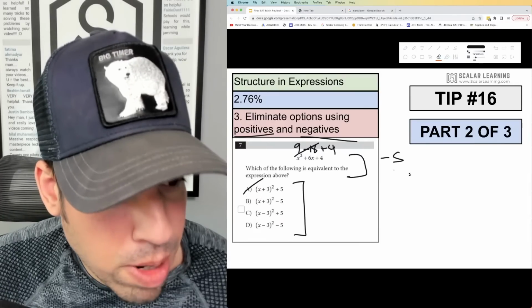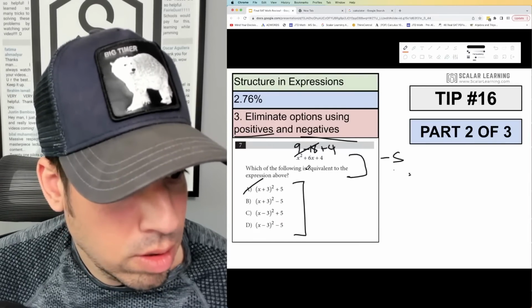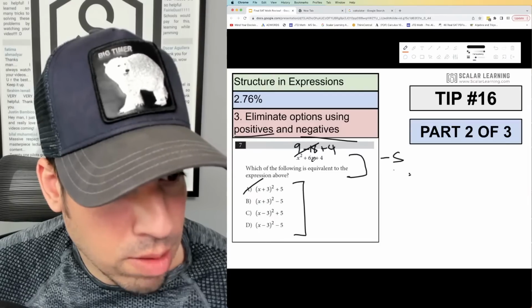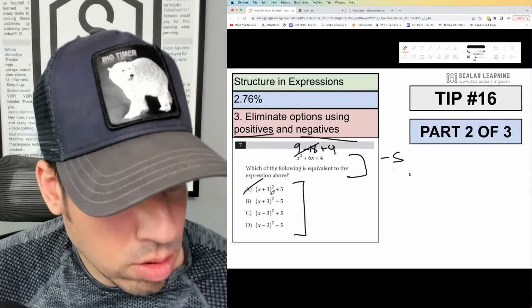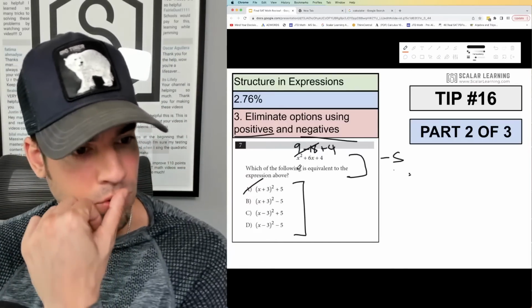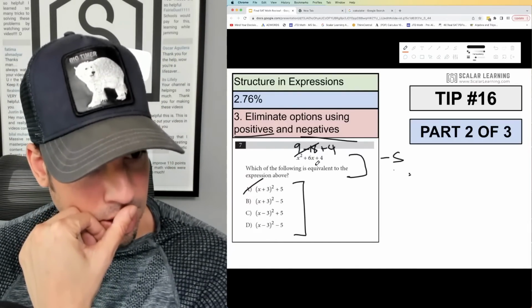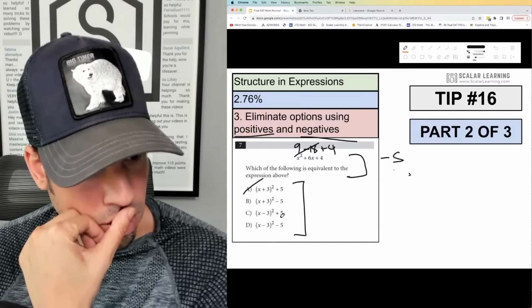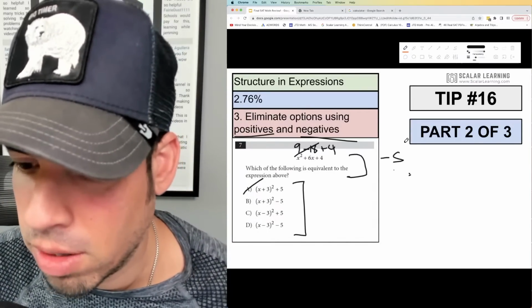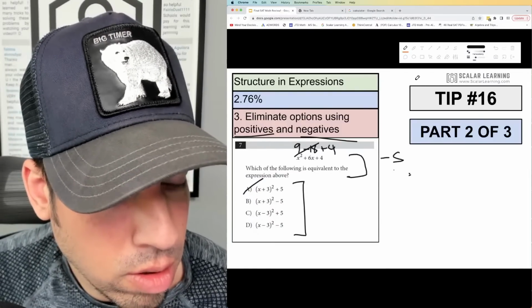And then plugging in positive 3 gives me 9 plus 18, which is 30. But the only one that's 6... What am I doing wrong here? 9 plus 18, 27 is 31. I'm totally tripping out right now, guys. Hold on, sorry, one second.